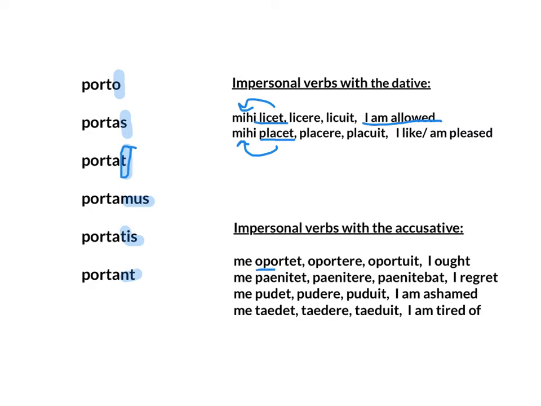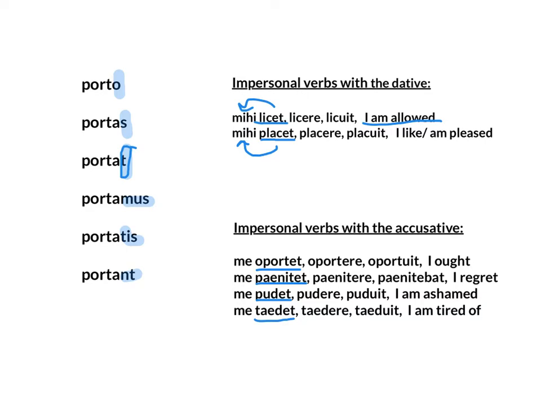There is oportet, which means one ought, it's necessary, it behoves me, or in other words, I ought. There is paenitet, which means it is regretful to me, in other words, me paenitet, I regret. Me pudet, pudet means it shames, so me pudet, I am ashamed. And taedet, me taedet means I am tired of. Literally, it tires me.